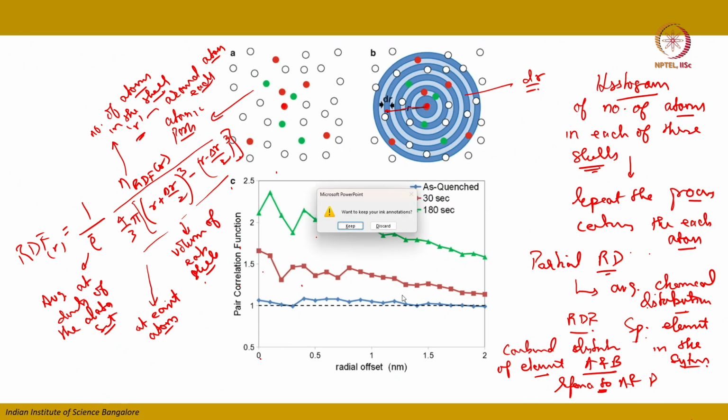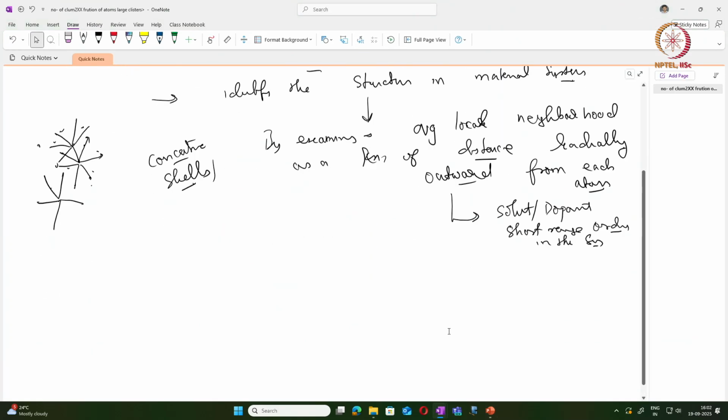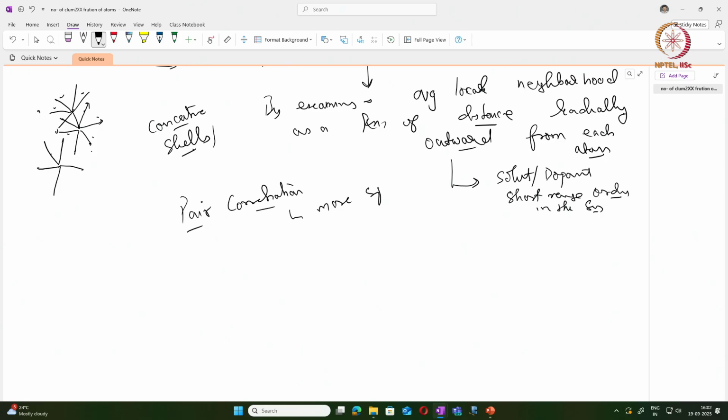Now, another terminology is pair correlation. This is also a type of radial distribution or RDF analysis, but it is more specific.